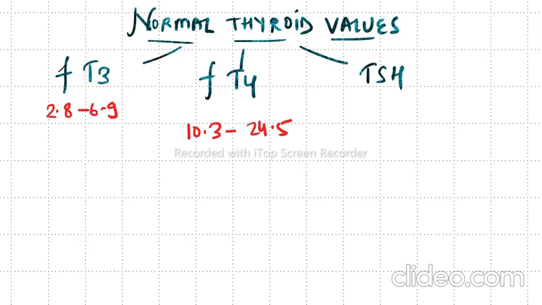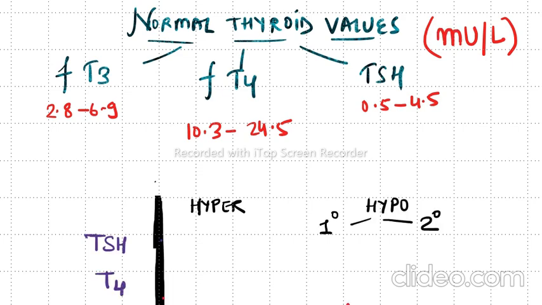Now let's quickly revise the normal thyroid values. Free T3 level is 2.8 to 6.9, free T4 level is 10.3 to 24.5, and TSH is 0.5 to 4.5. All these values are in milliunits per liter, so you have to remember this. In case of hyperthyroidism, TSH level will be low and T4 level will be high.